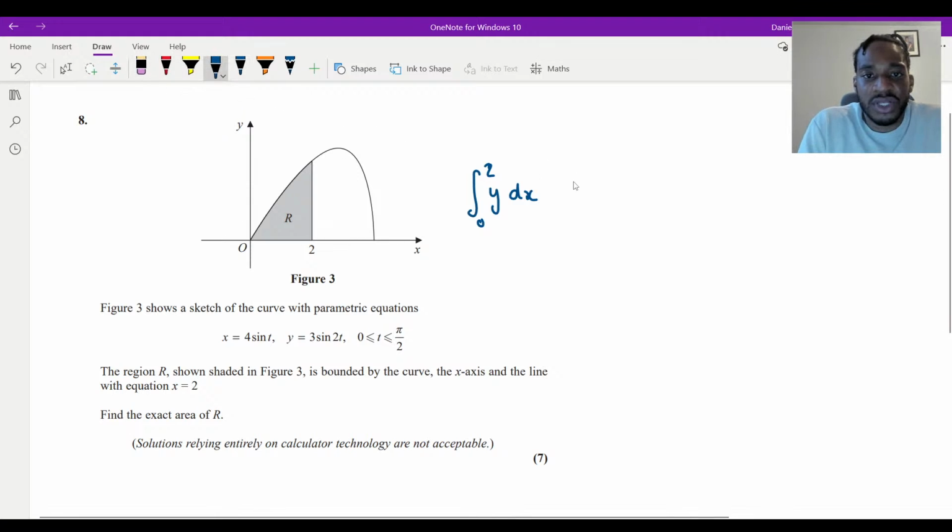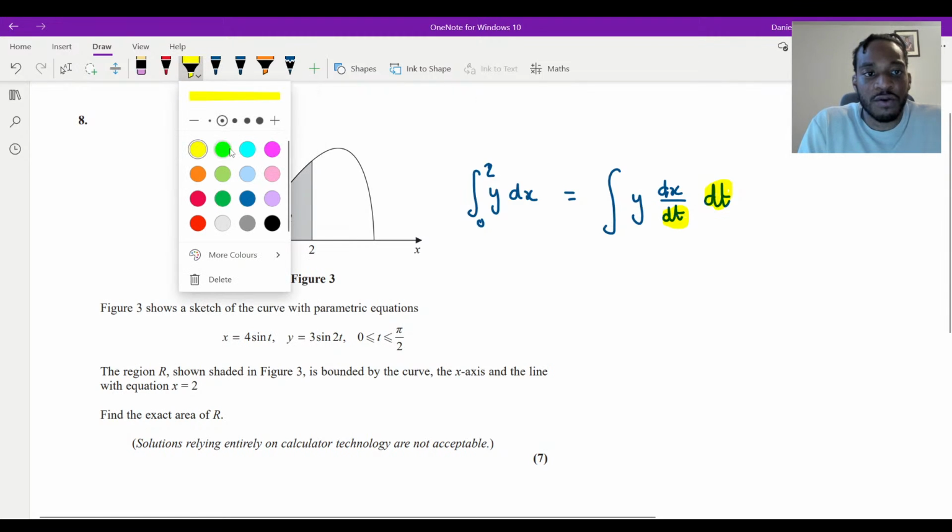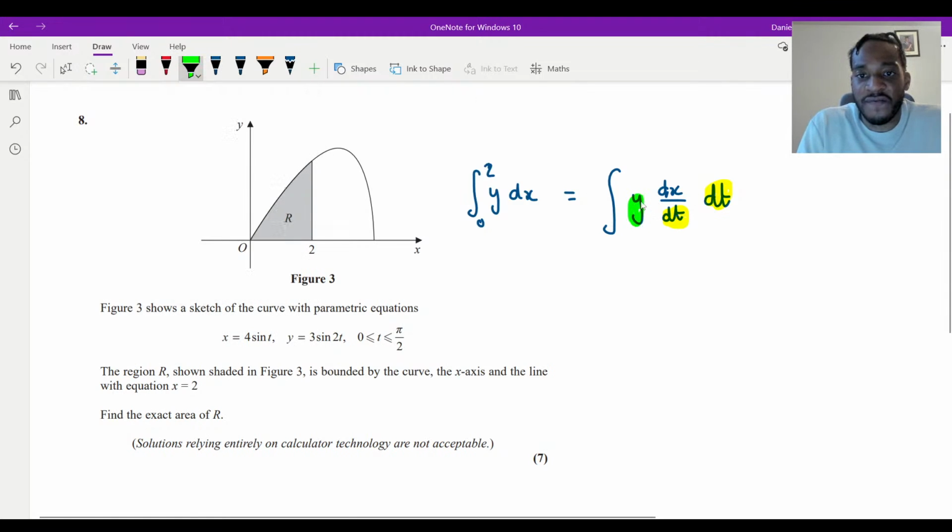This is going to equal the integral of y times dx over dt, with respect to t. If you think about it, the dt's cancel and you're left with y dx, which is equivalent to that one. That's how I like to remember it. You can do it your own way, but that's just something I remember.